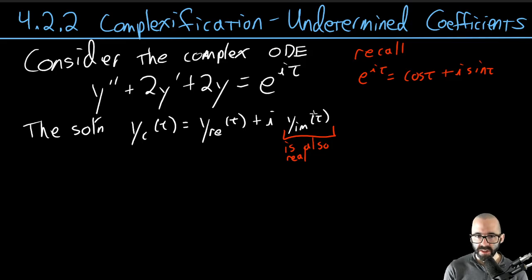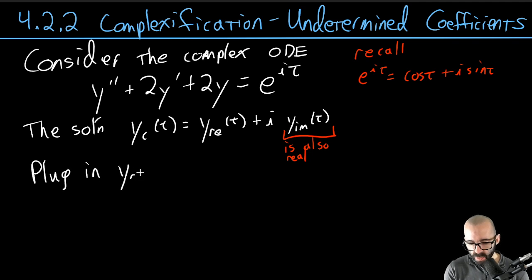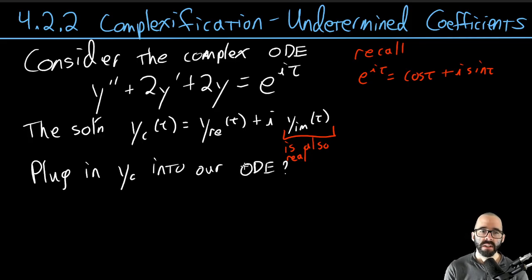Why is that useful? Well, what happens if we plug in y_c into our differential equation, into our complex ODE? Well, what we're going to find, and I recommend pausing the video, doing some calculus, some algebra too, is remember, i is just a number.